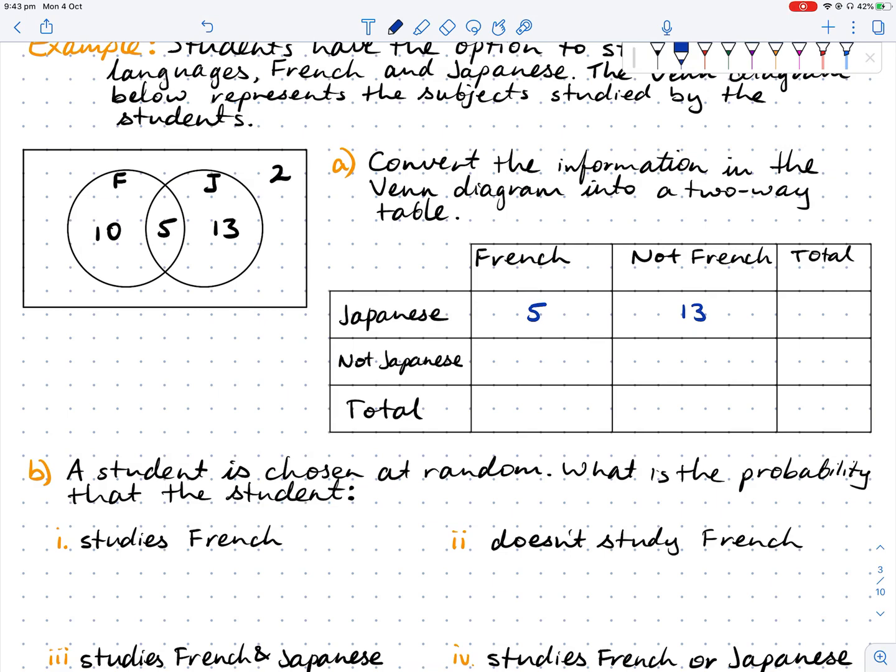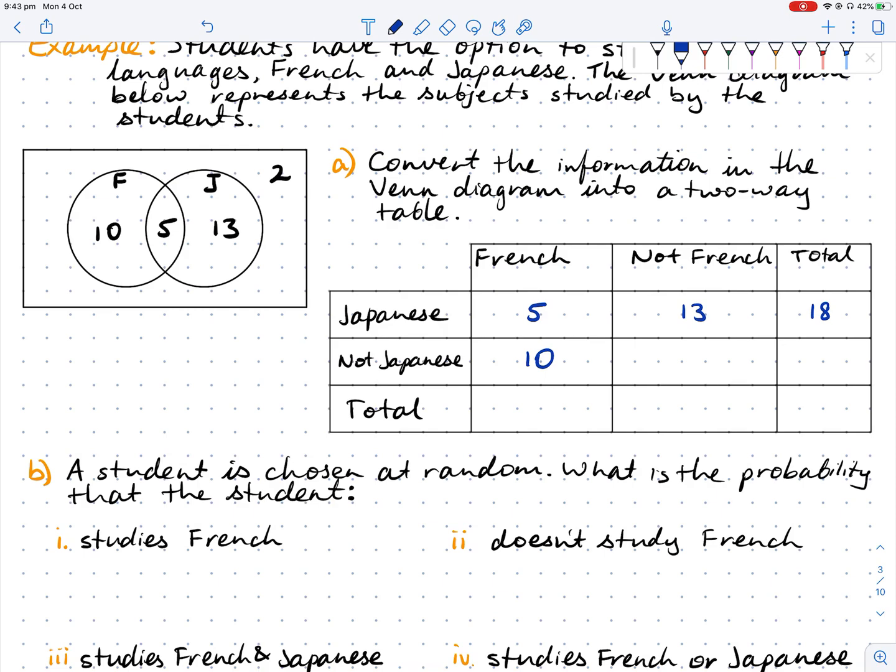If we add them up, the total number of people who study Japanese is 18, and you can see if you add up everyone in the circle, it is 18. The next box is someone who doesn't study Japanese but studies French. So we're looking at the French, taking out the Japanese. We're looking at this section here, and we can see we've got 10 people.